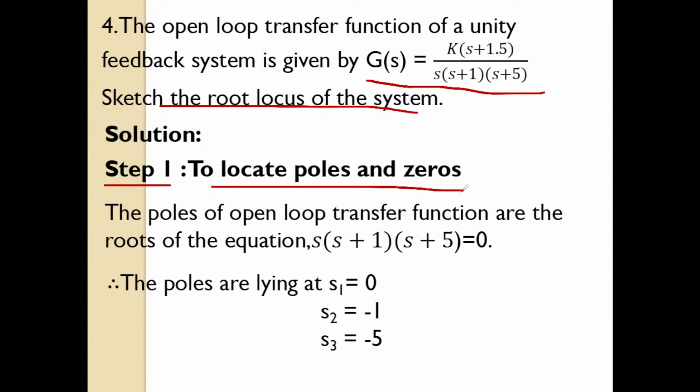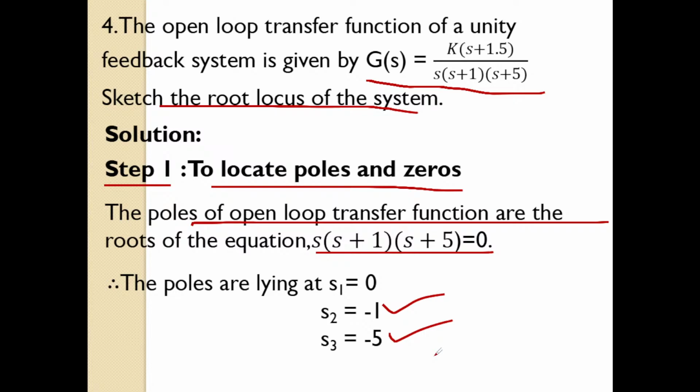You just take the denominator and equate it to 0, and you can determine the poles: s equal to 0, s equal to minus 1, s equal to minus 5. That is P1 equal to 0, P2 equal to minus 1, P3 equal to minus 5. For the zeros, in the numerator you can see s plus 1.5. Therefore, there is only one zero, that is Z1 equal to minus 1.5.